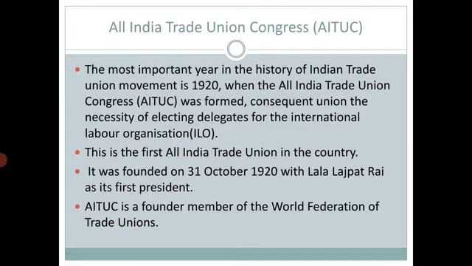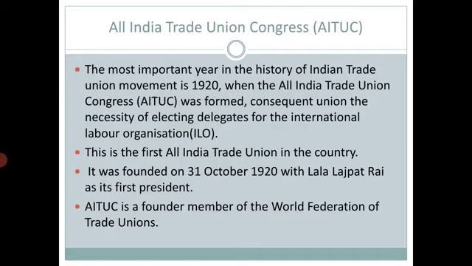It was formed in 1920. Where was it formed? It was formed at Bombay, that is now known as Mumbai. Under whose presidency was it formed? It was formed under the presidency of Lala Lajpat Rai. Getting it? Now why was this formed?